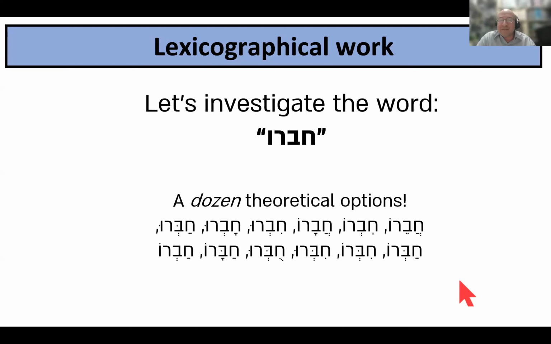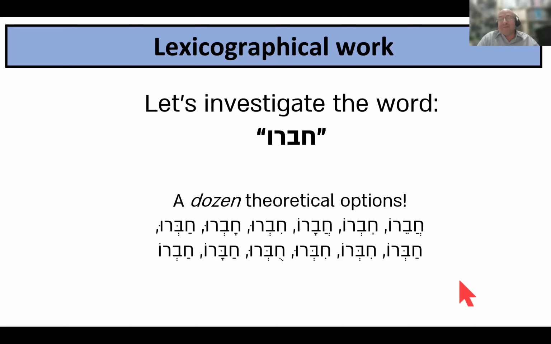Like chet bet reish vav, I could vocalize that in a dozen different ways, but how many of these really occur in actual Hebrew? And the answer here, as with almost every word in Hebrew, is that most of the options don't actually occur. Most of them are just theoretical. But how do you figure this out?